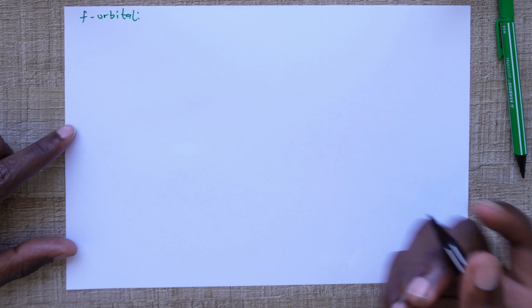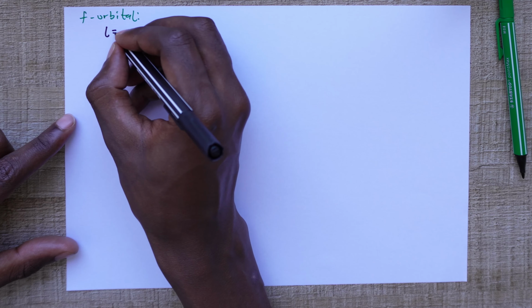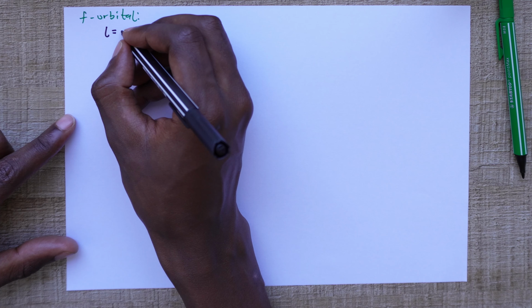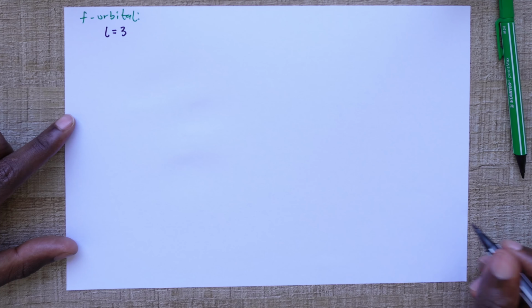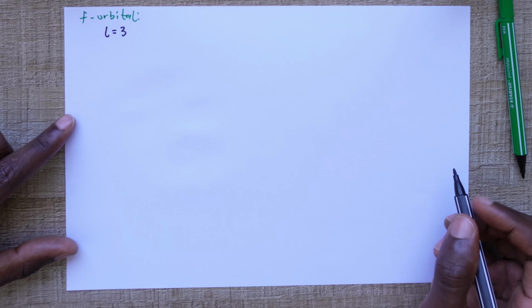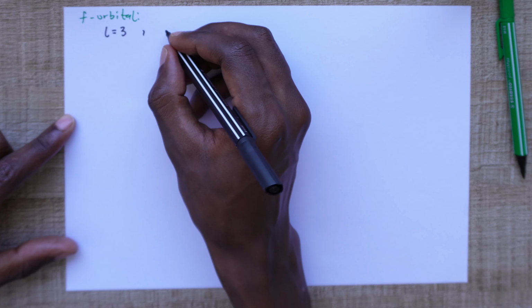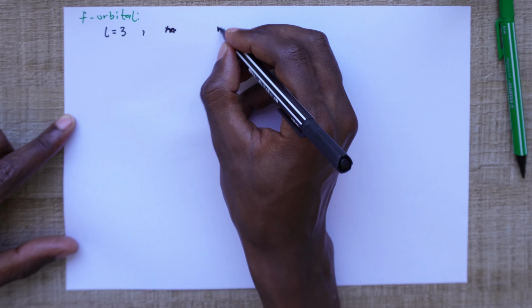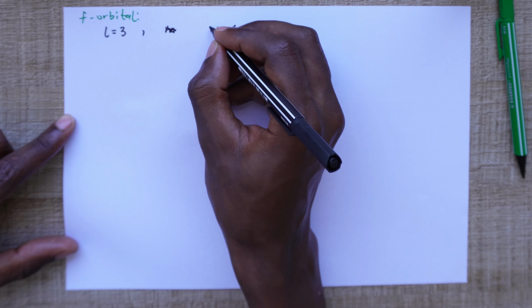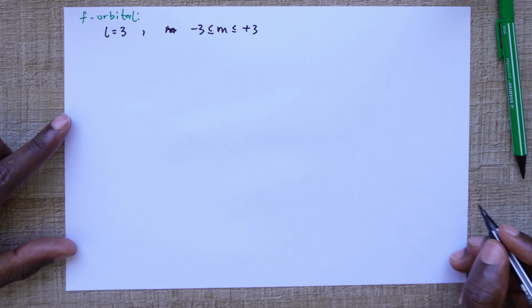Okay? For an f orbital, l has to be 3. Okay? And if l is 3, it means that m can take values between +3 and -3.